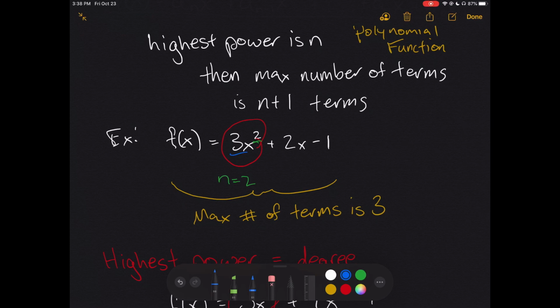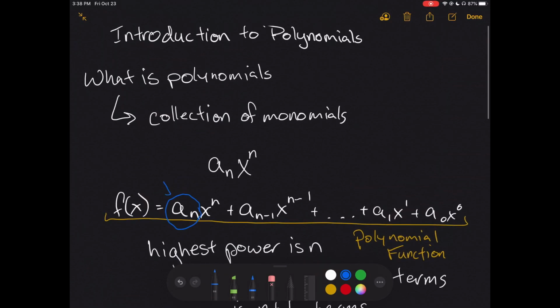The same sort of thing is going to happen here, although it has a little bit of a deeper meaning, and we'll talk about something called end behavior that's going to be largely influenced by the degree as well as the leading coefficient. So again, in that quadratic, 3x squared plus 2x minus 1, that 3 is going to be the leading coefficient of the highest degree term.